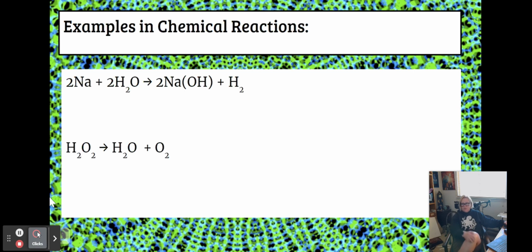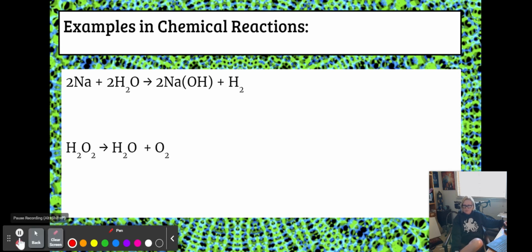So here are two chemical reactions. We're going to go through and decide what is going to be oxidized and what's going to be reduced. In order to decide that, I'm going to fill in oxidation states that I know.